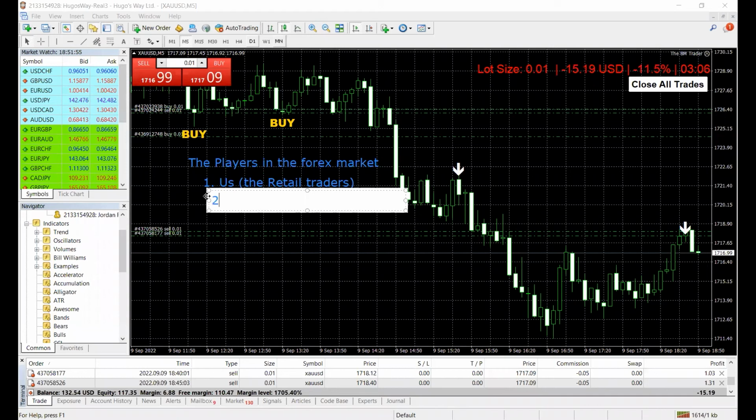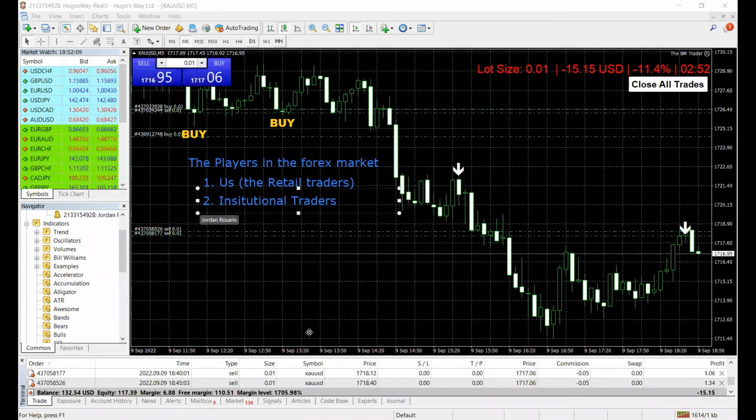That's who we are. Now, number two, you've got institutional traders. Now, these guys, they have a little bit of pull in the market. They're playing with a lot more capital than us. They're handling a lot of different people, a lot of different accounts here and there.